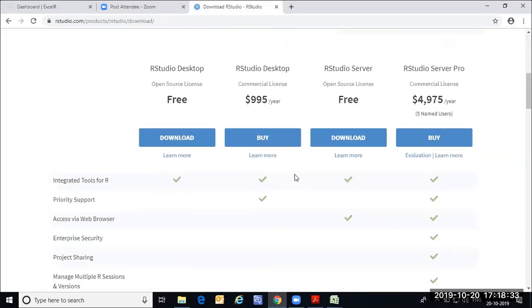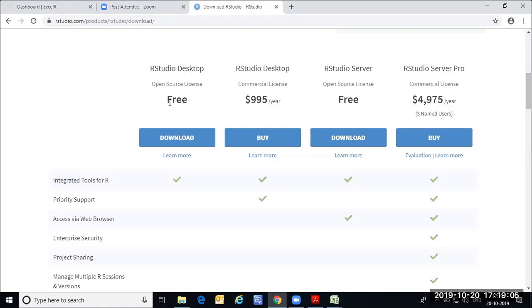Just scroll down a bit. You need to understand a few things here. RStudio has both a desktop version and a server version, but we don't need the server version. At the same time, it has a freeware version and a licensed version as well. The first one, RStudio Desktop, is under an open source license, meaning it is free.